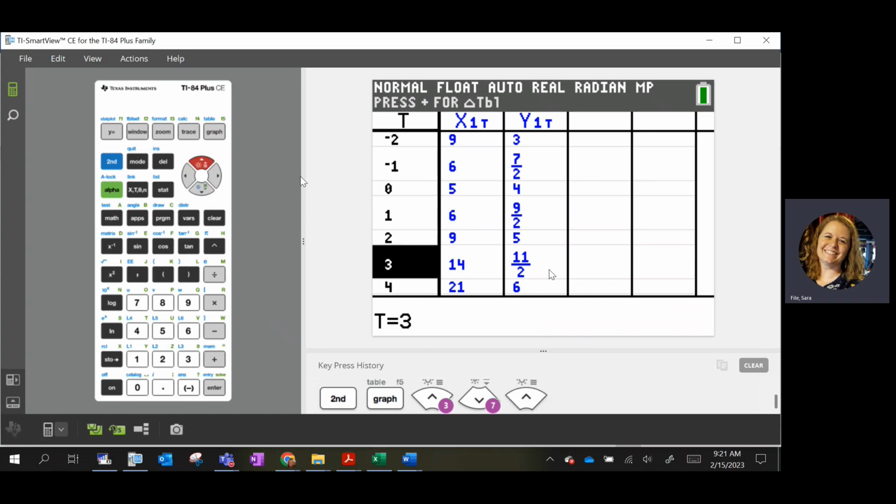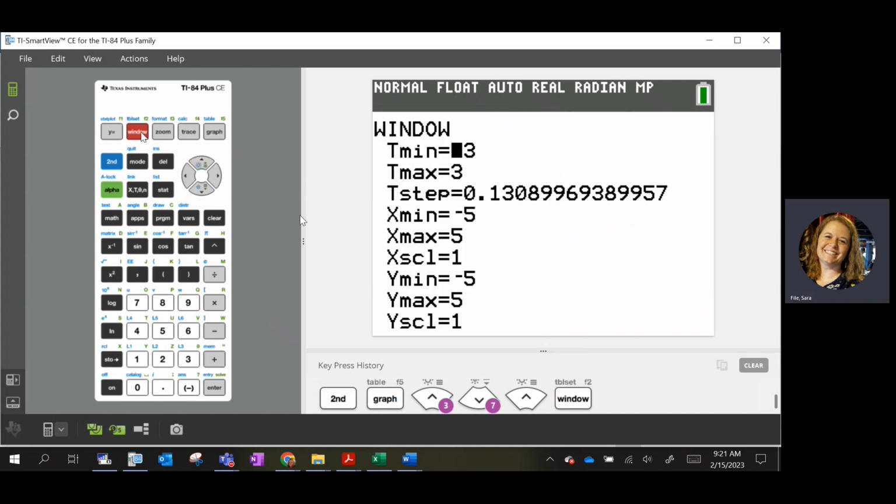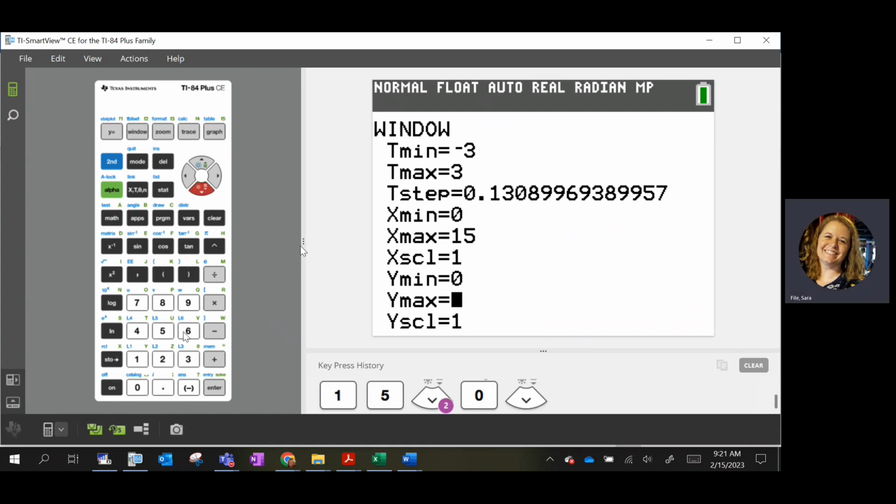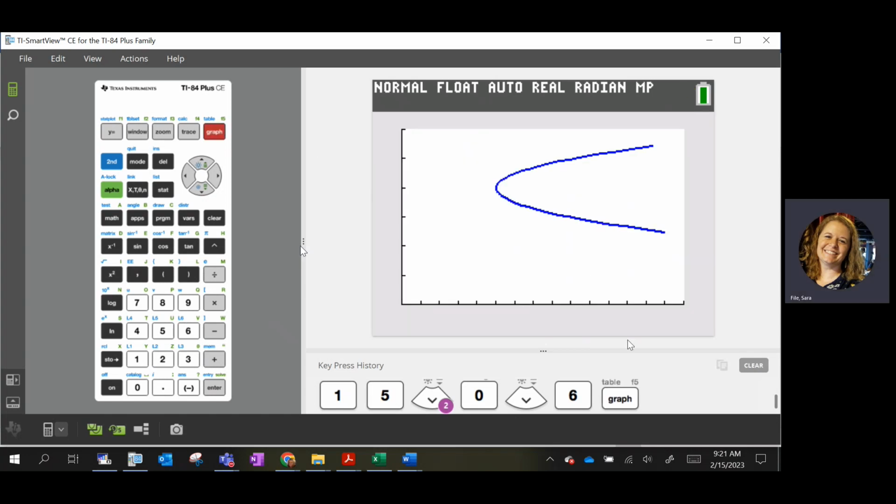So the highest it needs to go is, all right, so I'm going to go back to my window and I'm going to change my X to be 0 to 15. And my Y's to be 0 to 6. So now I can see that whole graph.